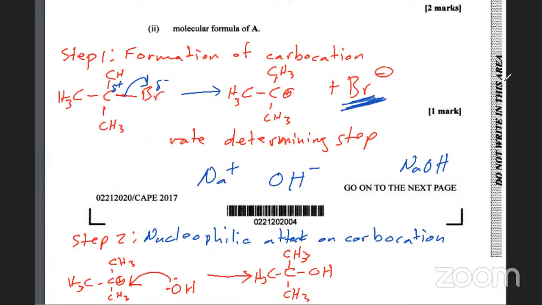In terms of how it happens, it's similar. There's the one where you add the nitronium ion to the benzene ring, and there's the one with the halogen, Br2, halogenation. So you need to know the mechanism for nitration as well as halogenation.